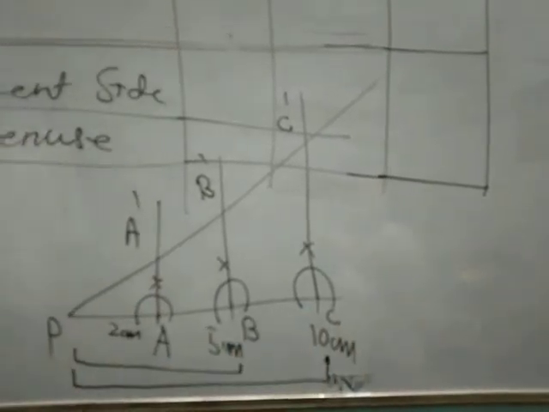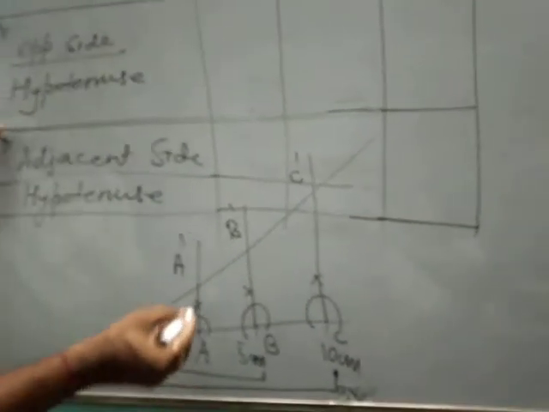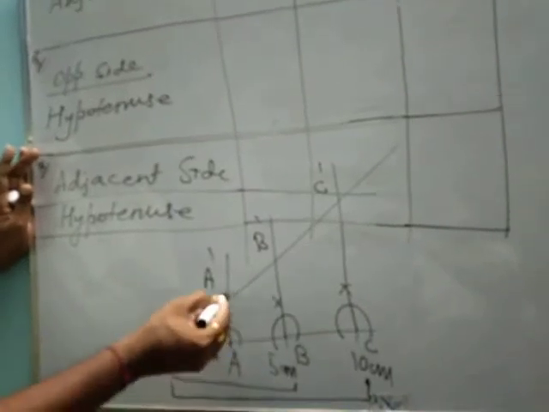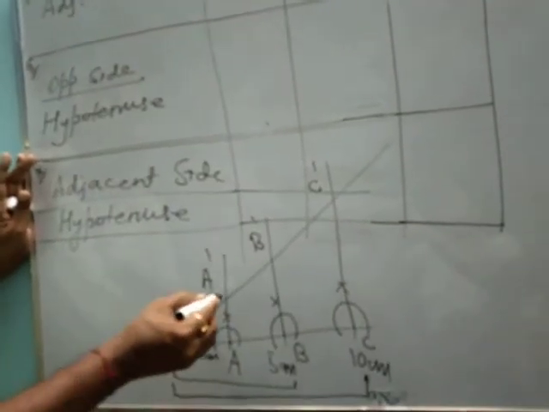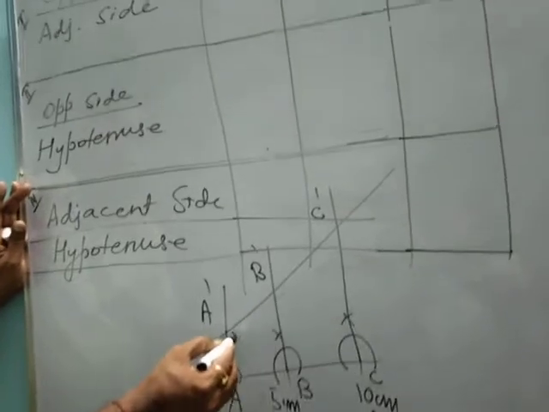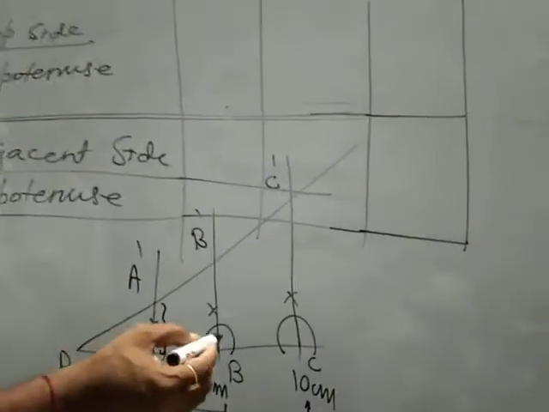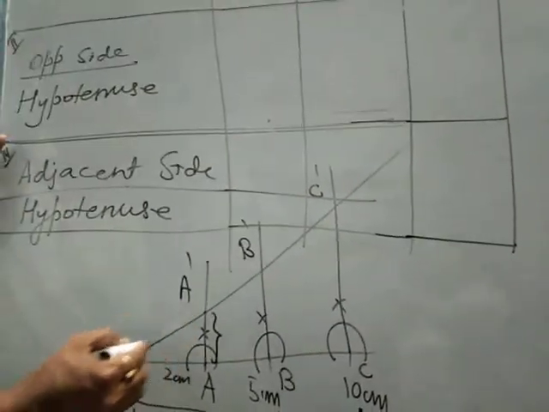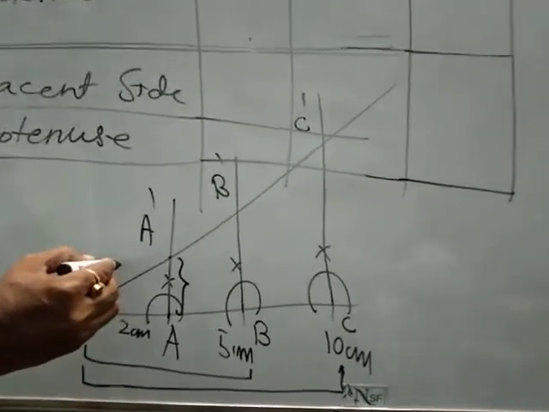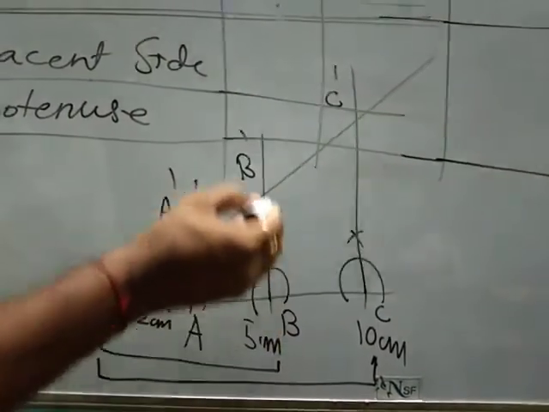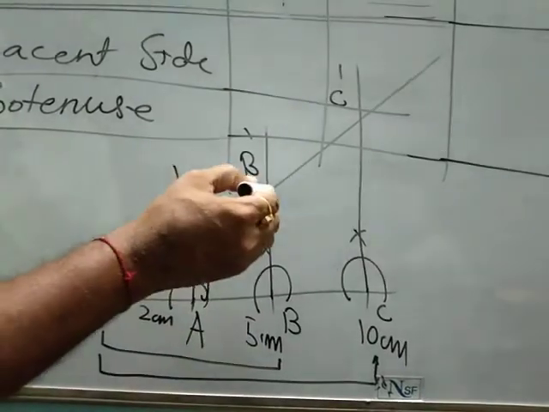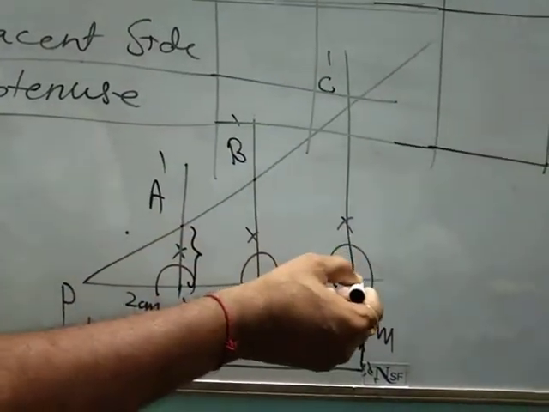Please note. Now what you do, you measure A dash. Also measure PA dash. Whatever is the measurement of this you write here. Whatever is the measurement of PA you write here. In the same way measure BB dash and measure PB dash and then measure PC.